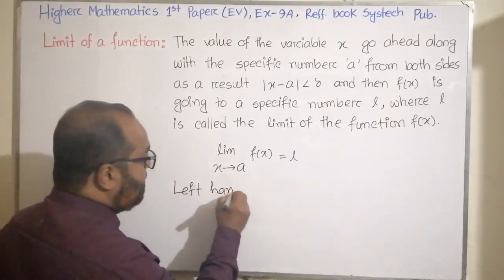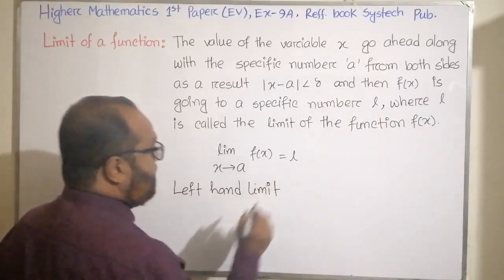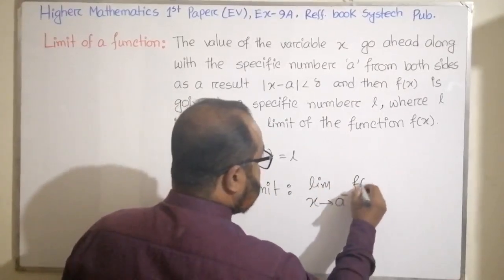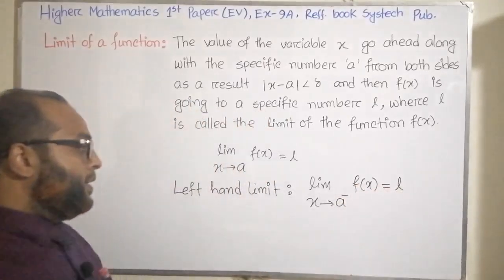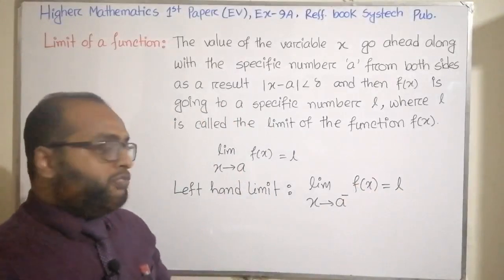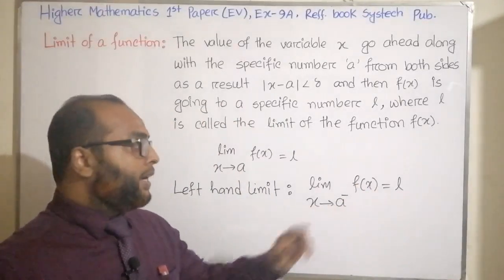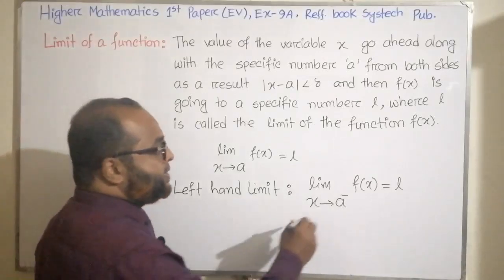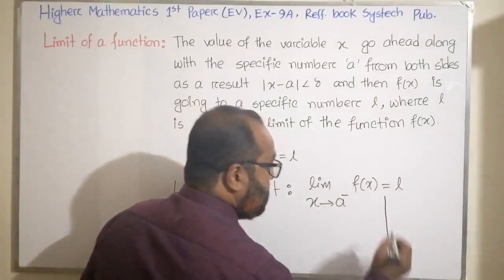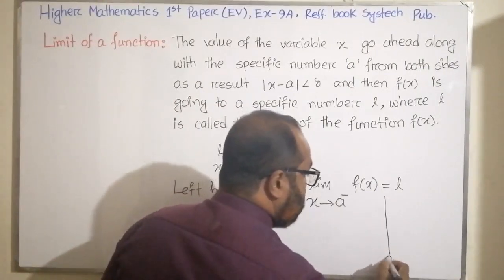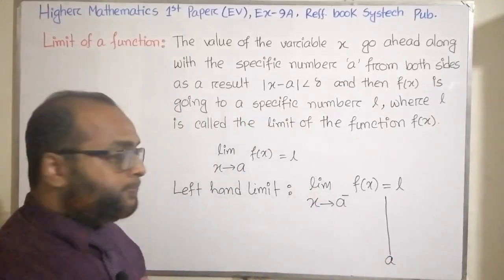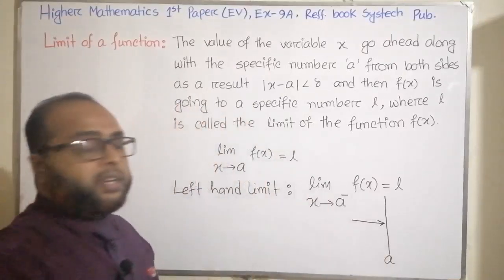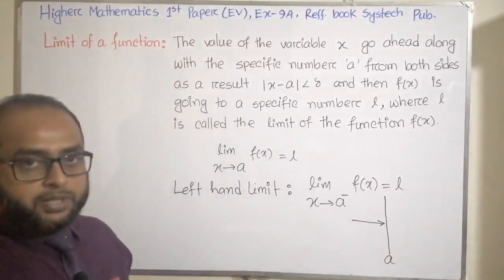This is written as limit x tends to a minus, f of x, equals L. That means the value of x is smaller than a and increases to a, like here, this line is x equal a, and the value of x increases from these sides, and this limit is called left hand limit.